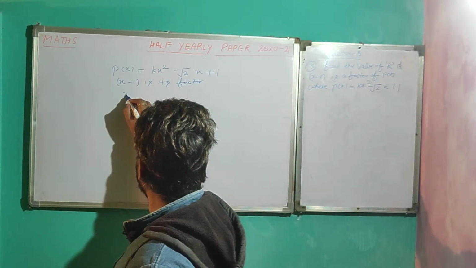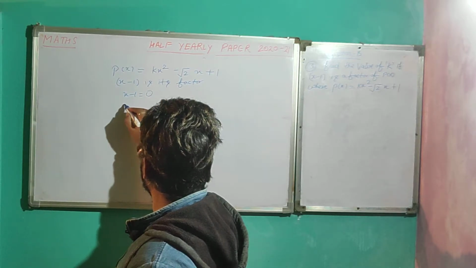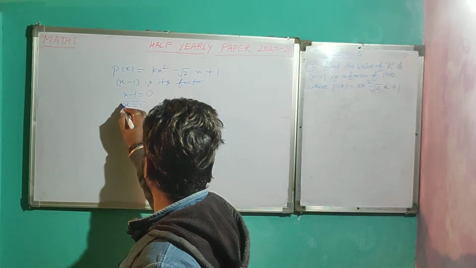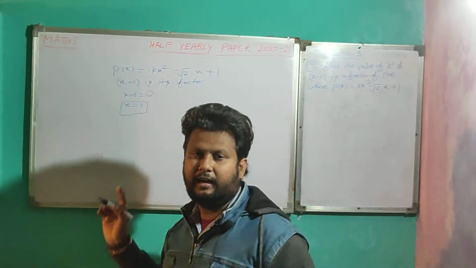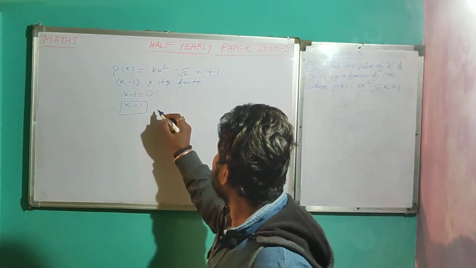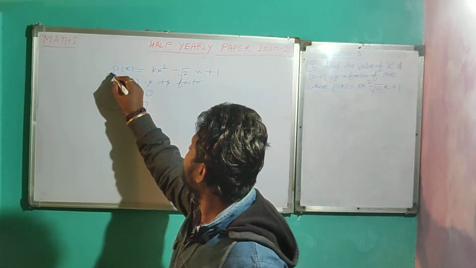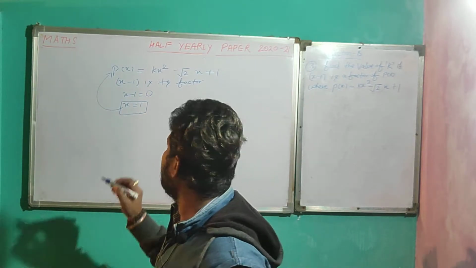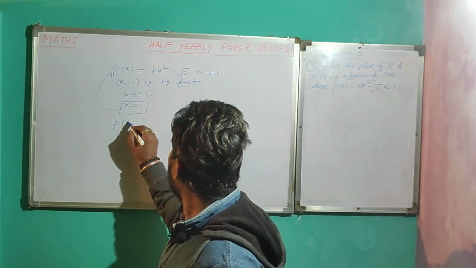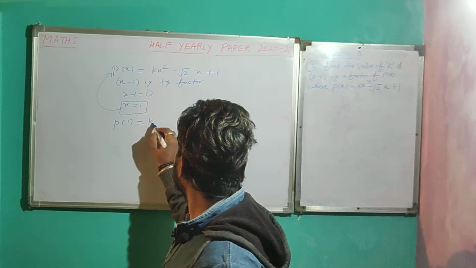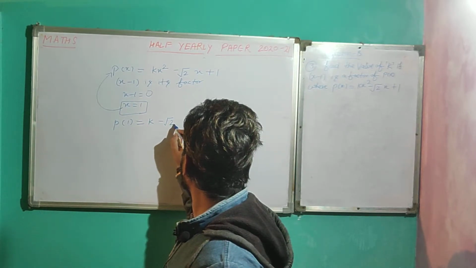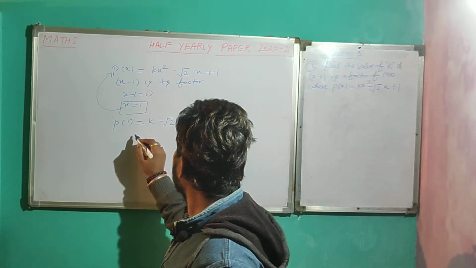Okay, therefore x minus 1 is equal to 0, x is equal to 1. Putting the value of x is equal to 1 in p(x), therefore p(1) is equal to k minus root 2 plus 1.